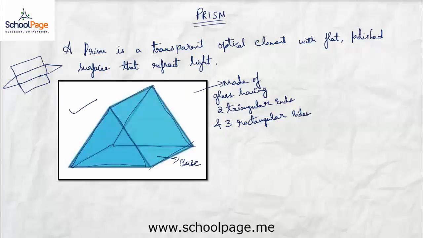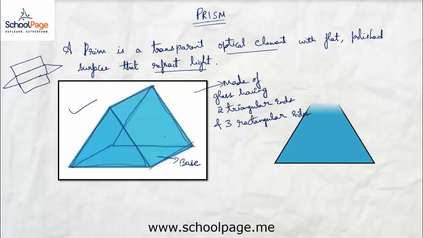So this is how an actual prism looks, which is a transparent optical element with flat polished surfaces that can refract light. Since this structure looks a bit complicated, for the sake of convenience in drawing ray diagrams, a prism is represented by drawing a triangle.